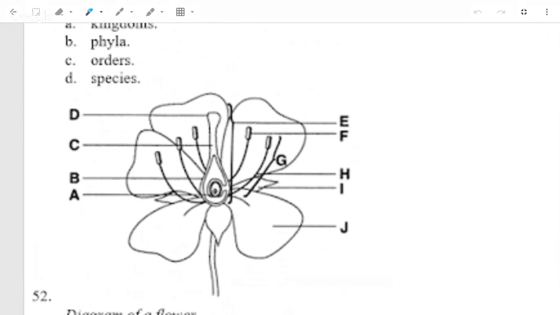All right. So we said A was ovum and B was ovary or something like that. Ova or ovum, I forgot what we called it. And then B was the actual ovary, which just holds the ovum.